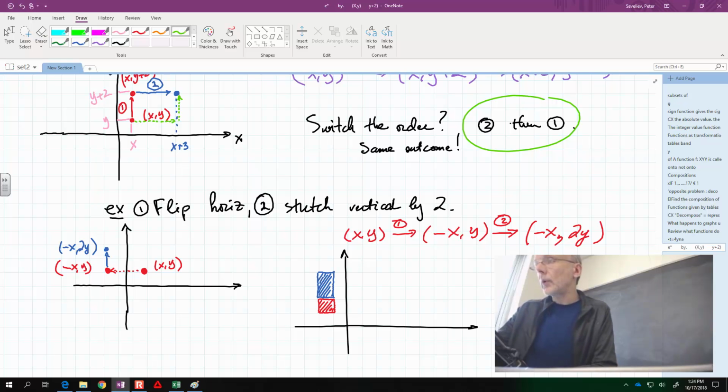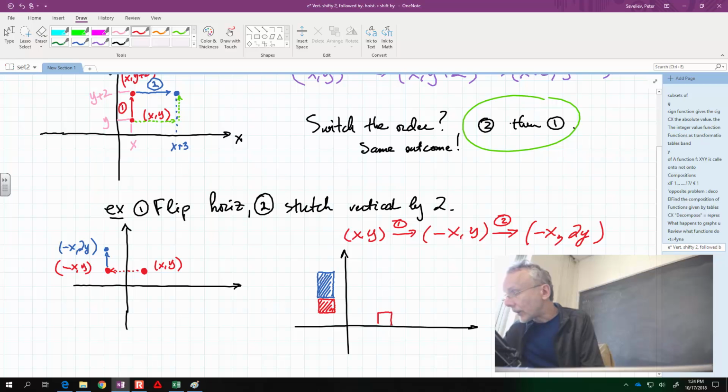Let me do a few more examples of what happens to these rectangles. If I take this rectangle, it is still the same square, and it will stretch by 2. So the result will again be a 1 by 2 rectangle, but where will it be located? It's not going to be located right above. Remember, the stretch is vertical.